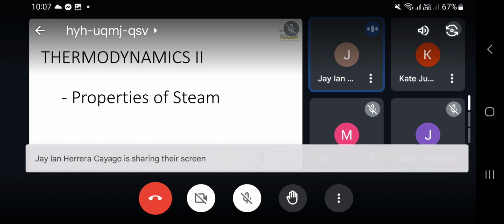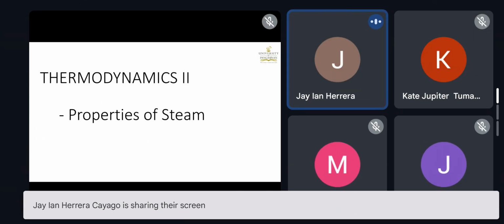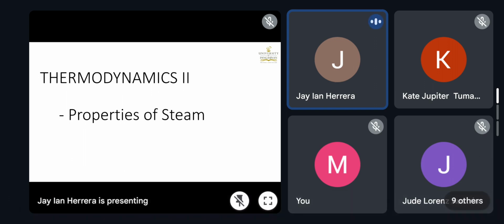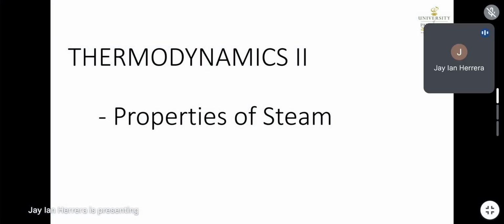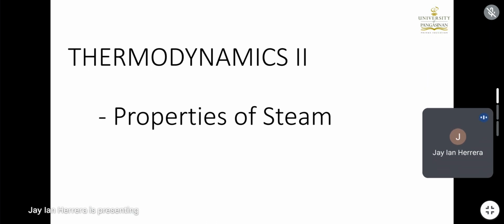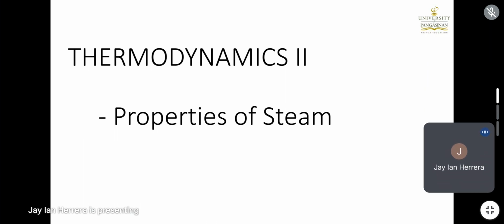Begin, Thermo 2. First, before we go to the power cycles of steam or vapor, as I said in Thermo 1 and last meeting, in Thermo 1 we were dealing with power generation where our main circulating element is air.